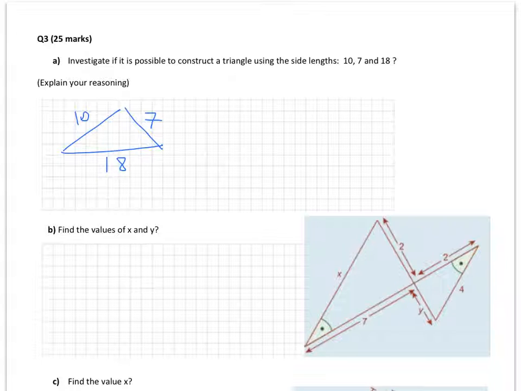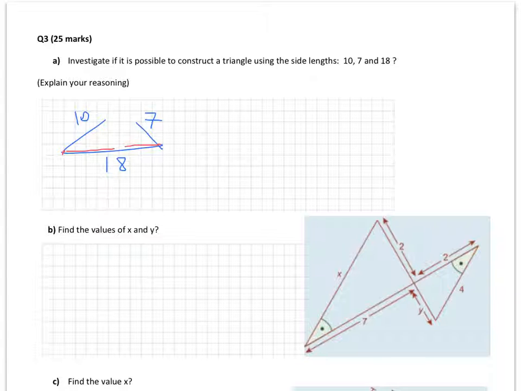Well, the key thing to appreciate is you can't, because the reality is that 10 and 7 just would be too short. If I was to lay a 10 and a 7 alongside the 18, with pivots at the ends of the 18, you'd find they wouldn't even meet, let alone make a triangle.